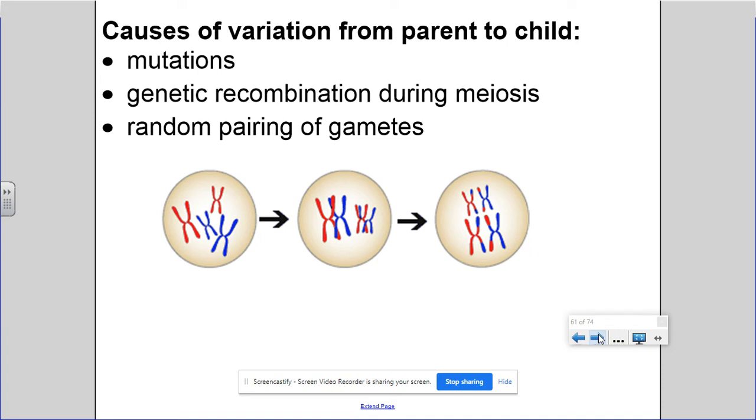Remember that recombination includes crossing over and independent assortment. Also, the random pairing of gametes. All of these things together make genetically unique organisms and also change the relative amount of different genes from generation to generation.